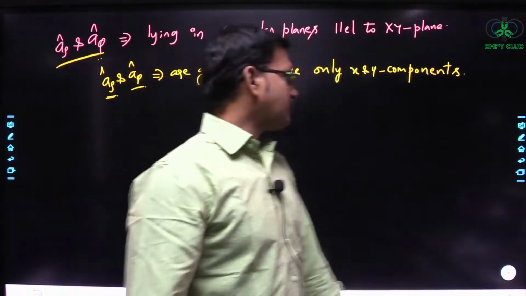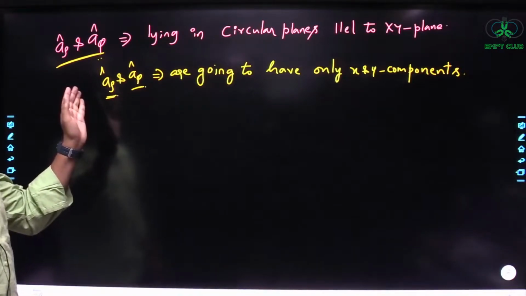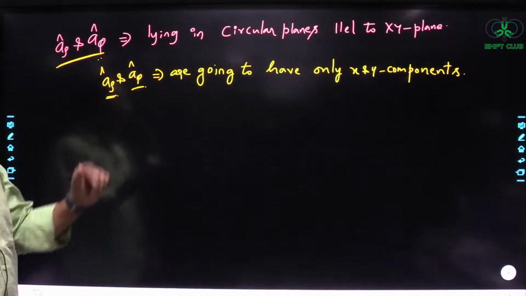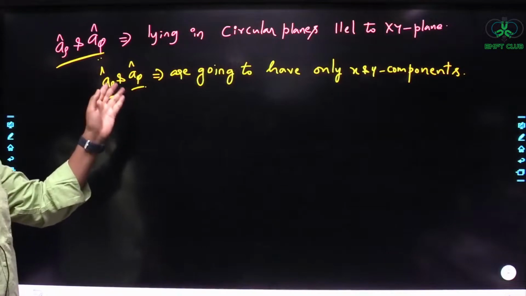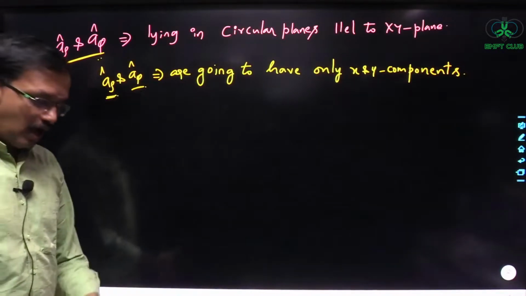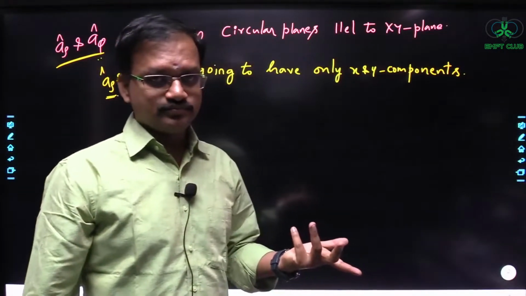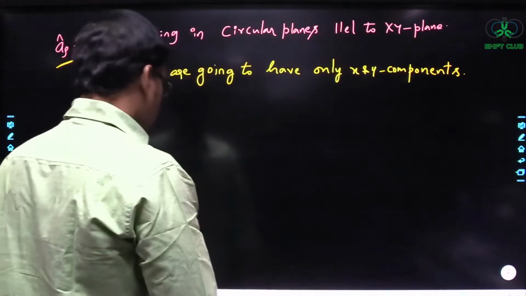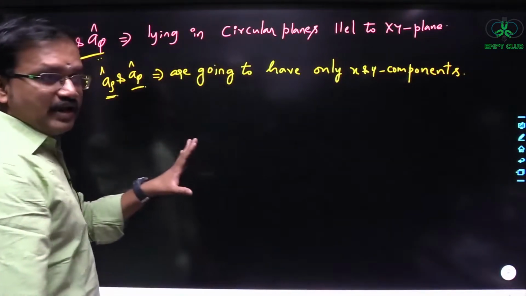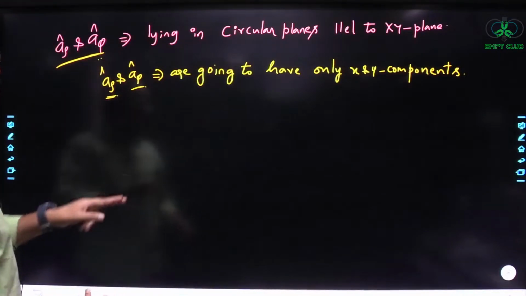So we have to determine the component of aero cap along the x direction and along the y direction. Similarly, we can determine the component of A5 cap along the x and y directions. Understood? And we know how to determine the component of one vector along the other, right? So we know that aero cap and A5 cap lie in the xy plane, and what is the angle between aero cap and A5 cap here?